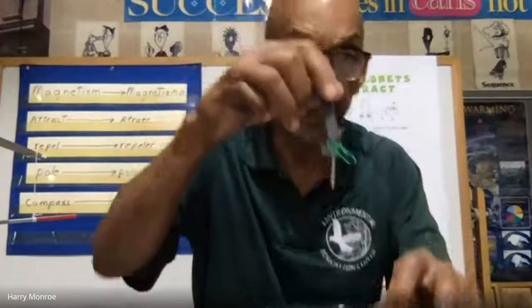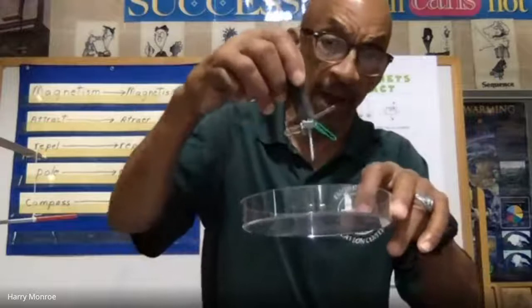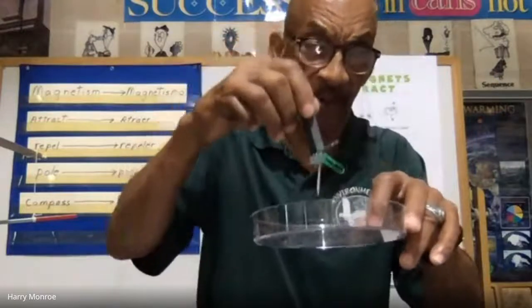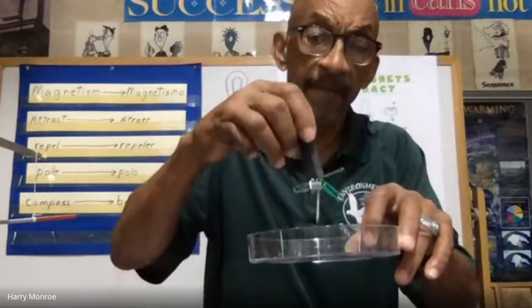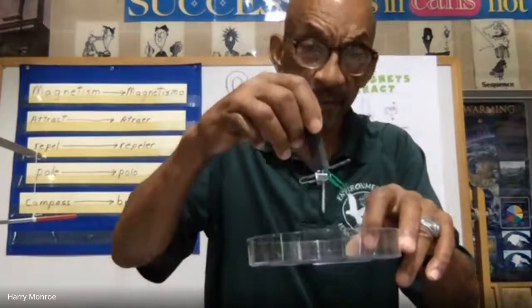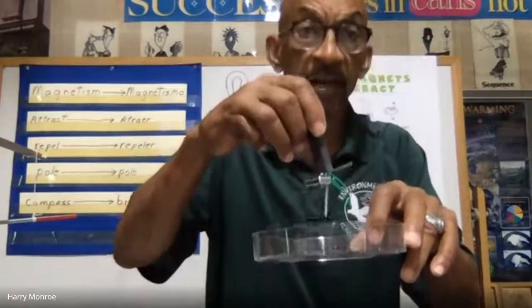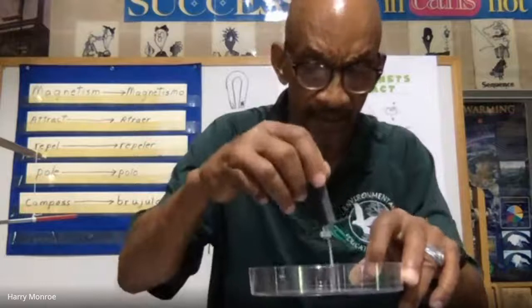Wow, see that? And what that tells me, students, is that the items that are attracted to this bar magnet, evidently, they have some iron in their makeup. Part of their matter, which makes up the object, is made of iron. They are attracted to the metal.